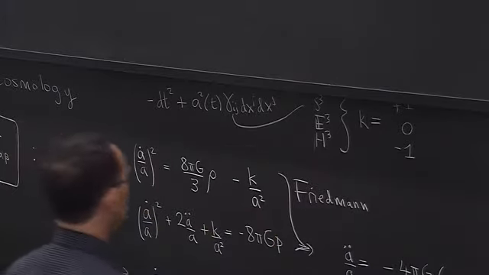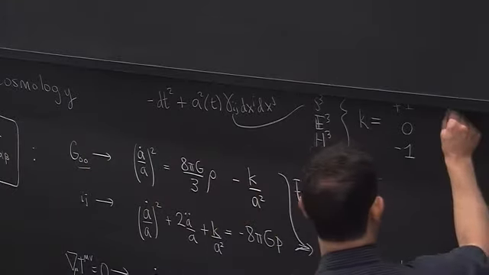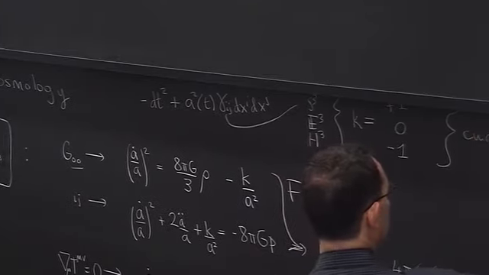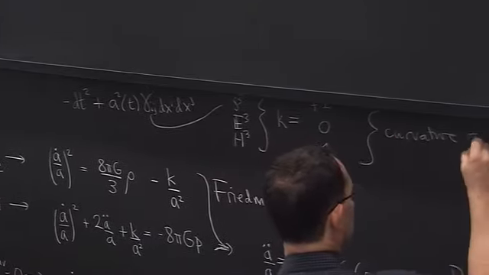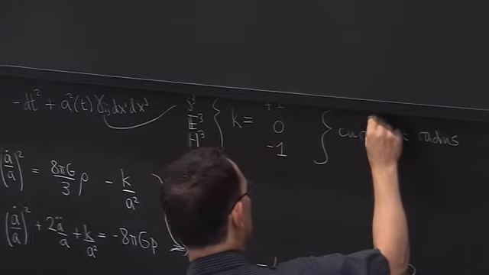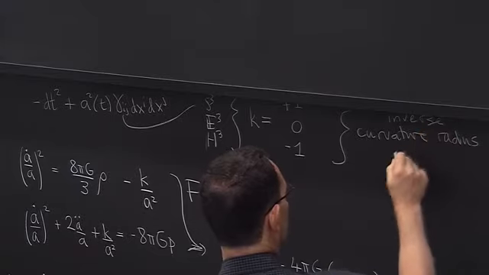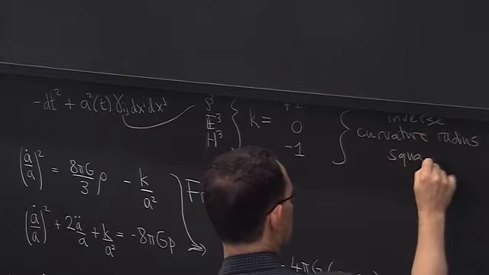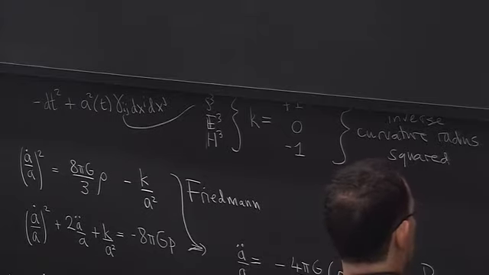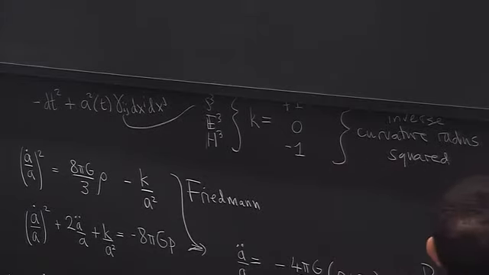Okay, and as I explained, one should really think about the curvature radius of the universe, or the inverse curvature radius squared. Let's call that 1 over r curvature squared is equal to k over a squared.